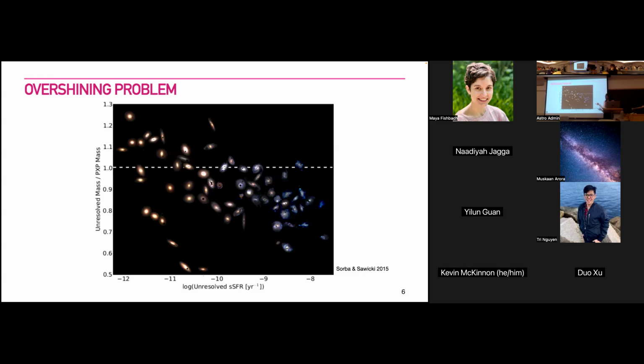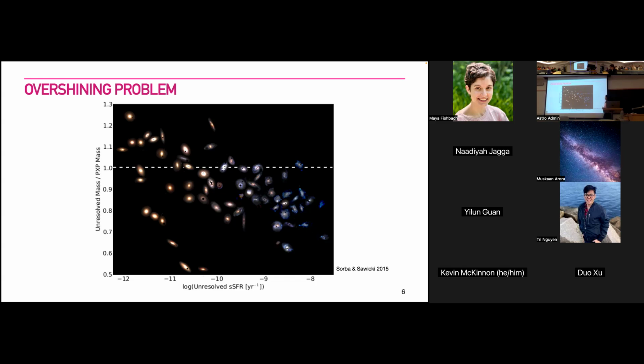So here's one of the pioneering papers from Sora Sumichi. It is showing on the y-axis the ratio of the stellar mass for unresolved, so integrated photometry, versus resolved photometry, which is in this case pixel to pixel, versus the specific star formation rate of the galaxy.